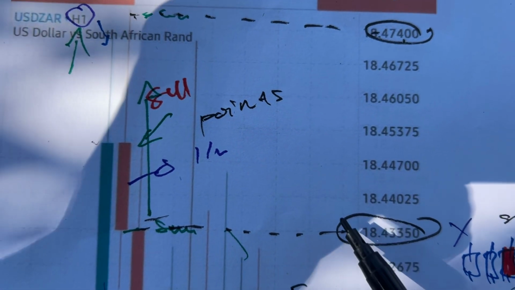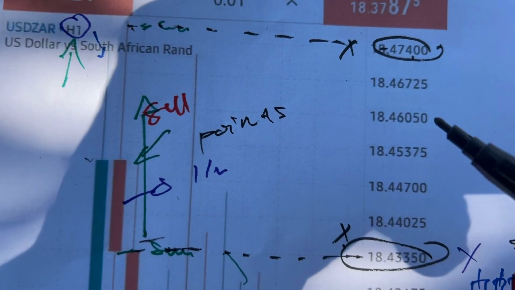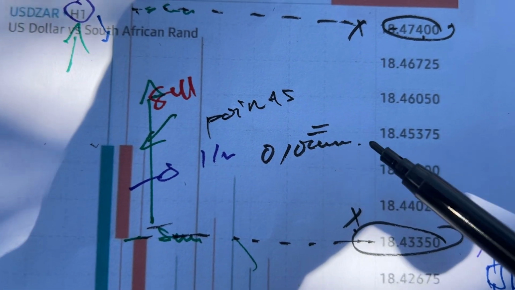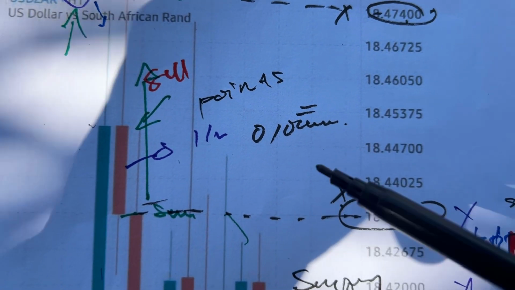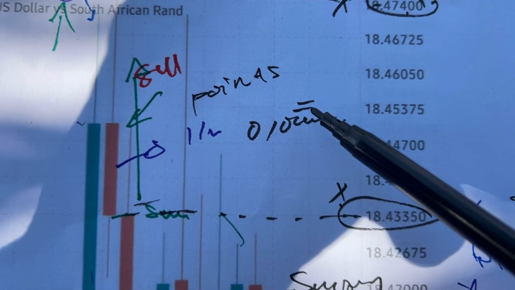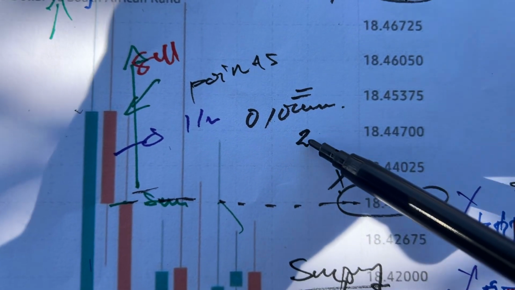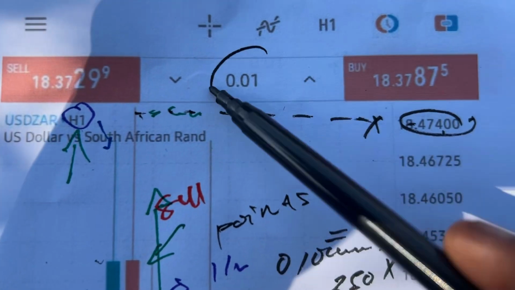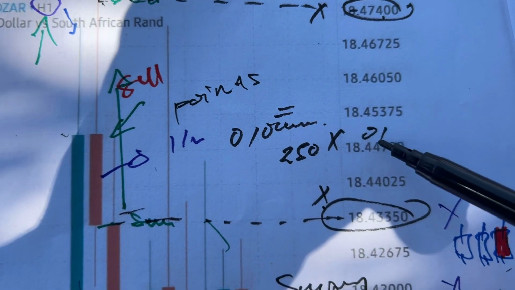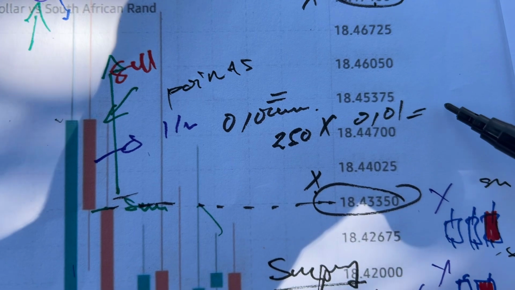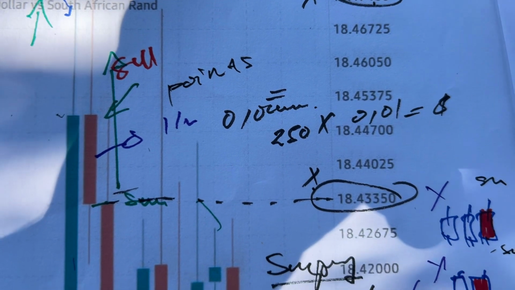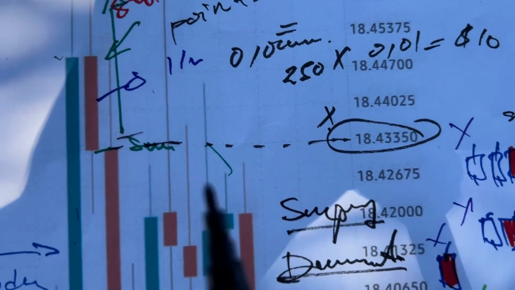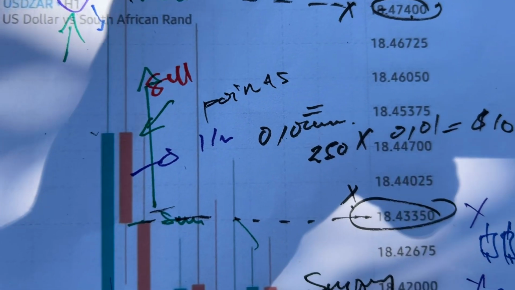If you minus these two, you will get a 0.0 something. You can take that number, maybe let's say you get 250, and times it by the lot size that you opened to find the value of the points. So you'll get, maybe let's say, $10, meaning that from this point to this point, you are risking $10.